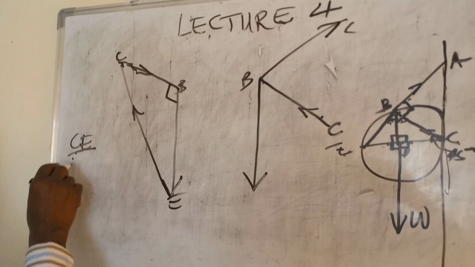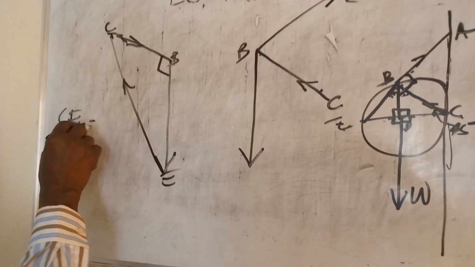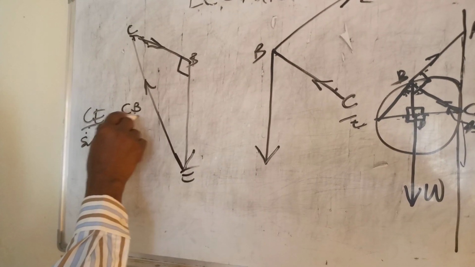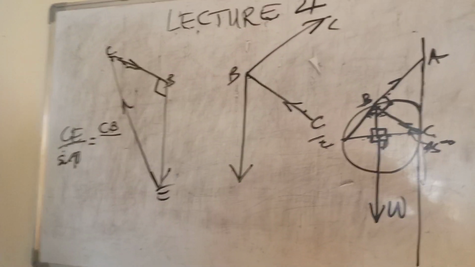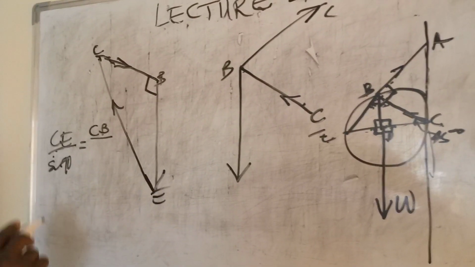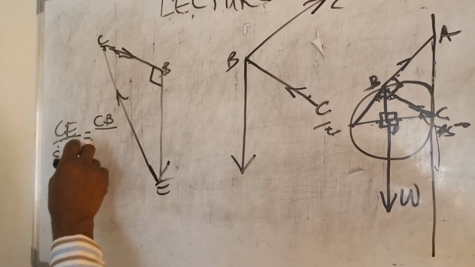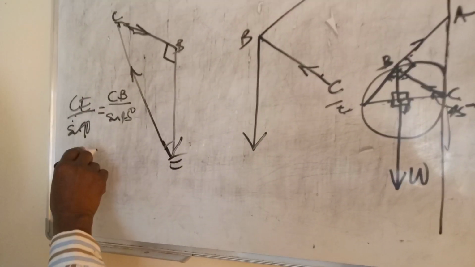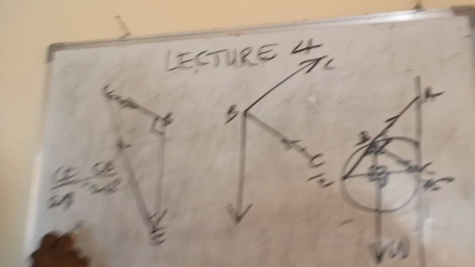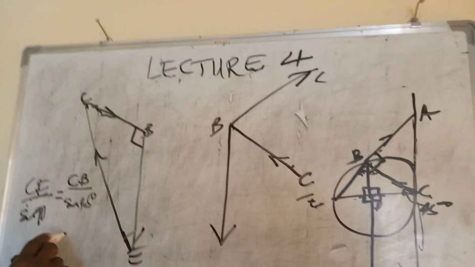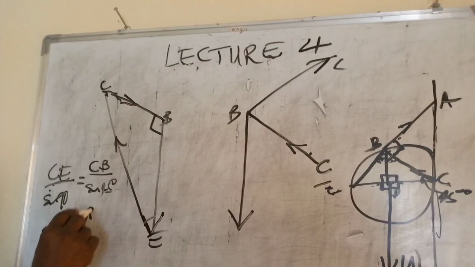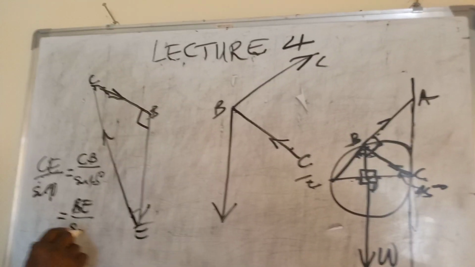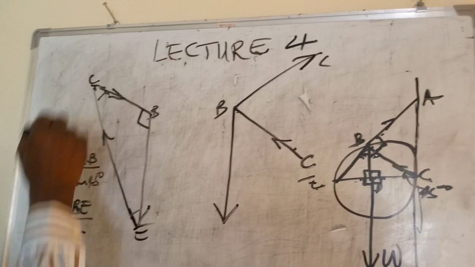over sine 90, is equal to CB, which represents the tension in the string, over sine 45, which is still equal to BE, which is the weight of the ball, over sine 45.